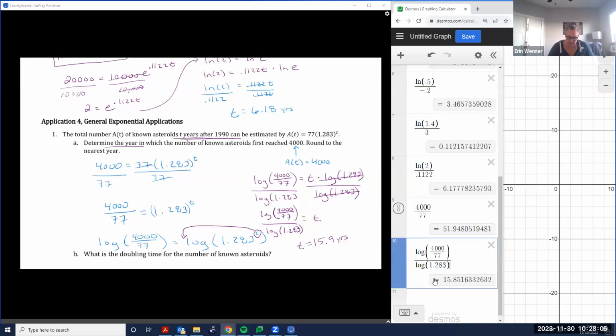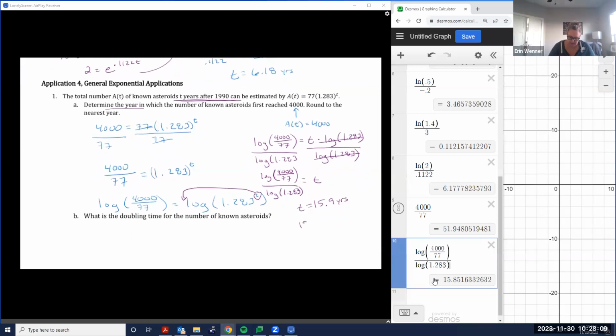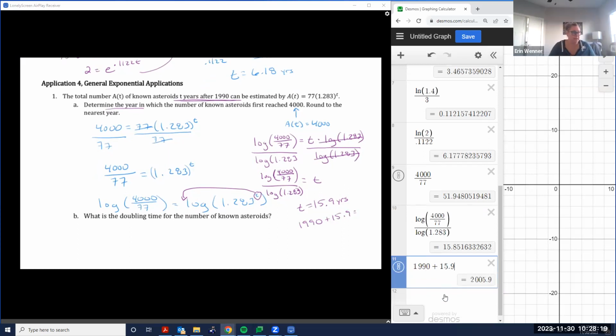So what that tells us is we need to take 1990 and add 15.9 years onto it, which I'm not even going to try to do in my head. I could, but I don't want to. And that means it's going to happen in the year 2005.9 or approximately 2006.